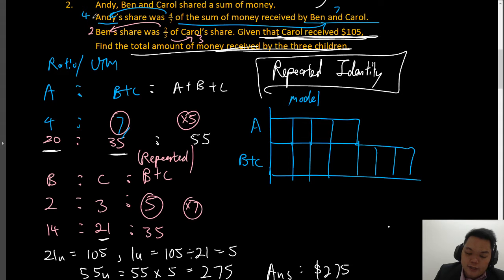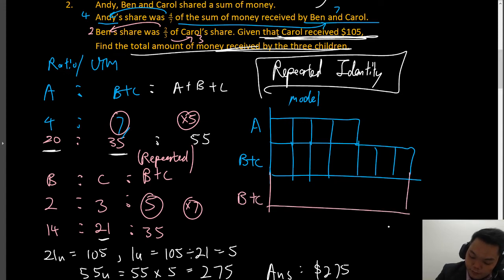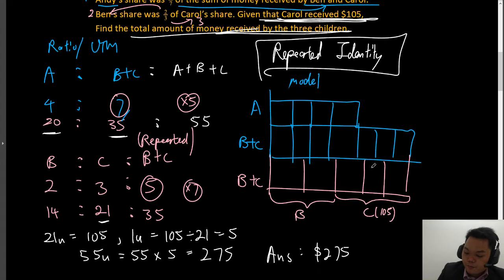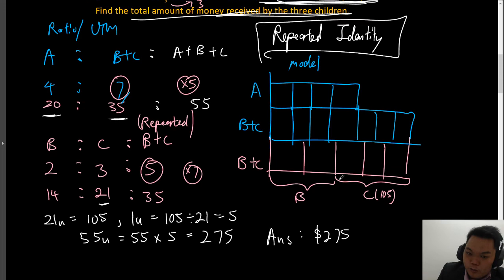Then you cut out Andy into 4 blocks here. And now you will see that at the same time, between B and C, they can be represented with 5 blocks like this, where this is your C, and this is B over here, and this is $105. So with this in mind, you can also work backwards from here.